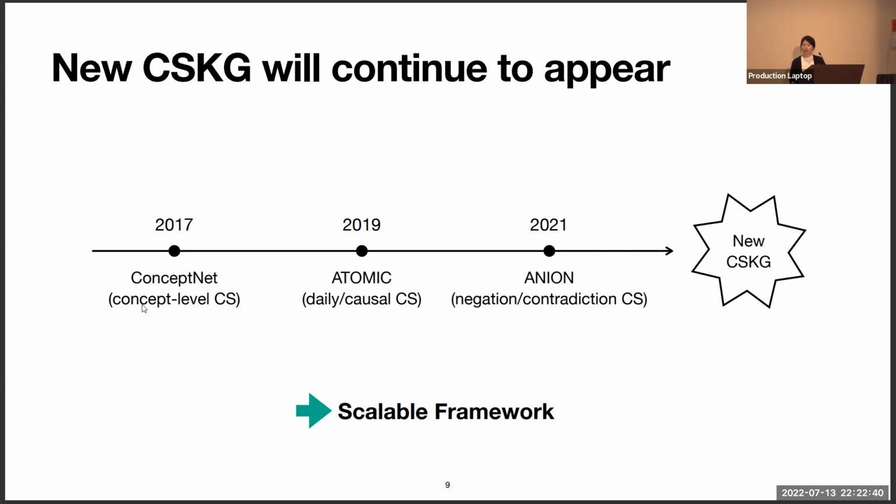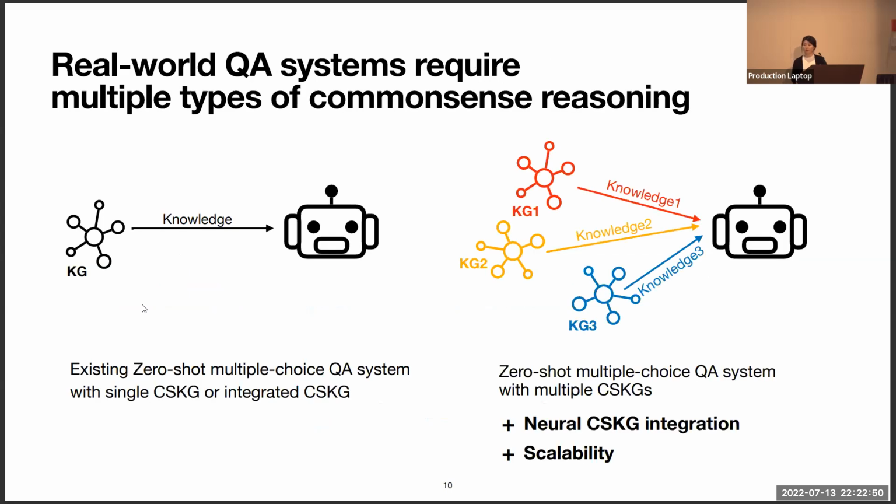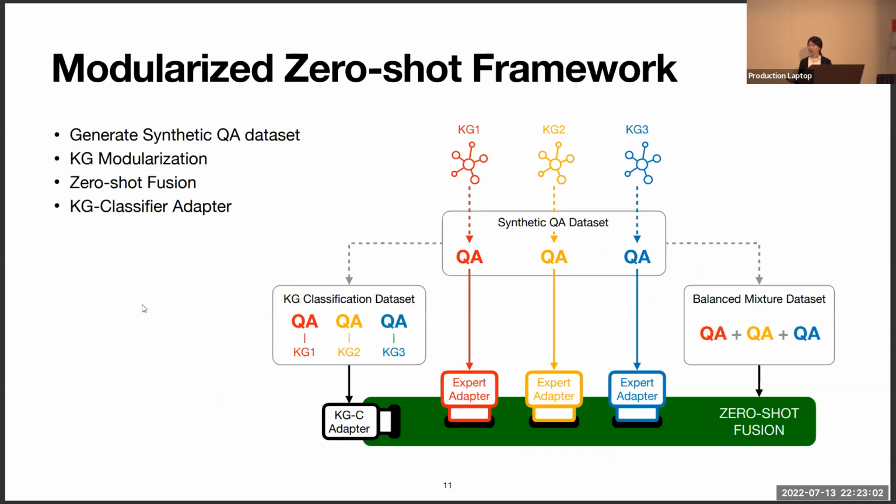Also, as new CSK will continue to appear, we think scalability in the framework is really important. Based on those ideas, we thought a zero-shot QA system for the real world should utilize multiple knowledge graphs, considering neural CSK integration and scalability. So we proposed the modularized zero-shot framework.